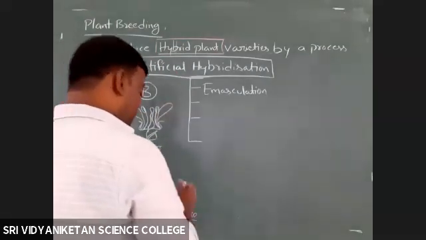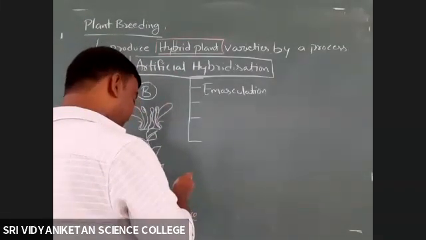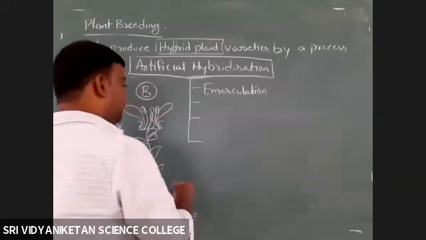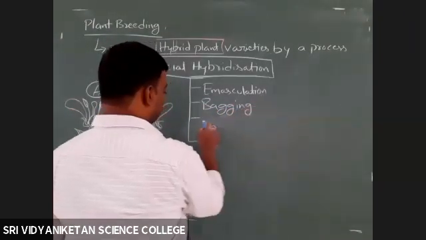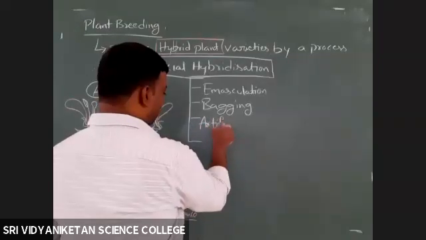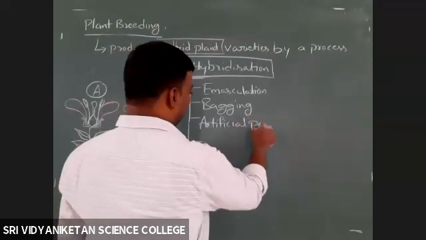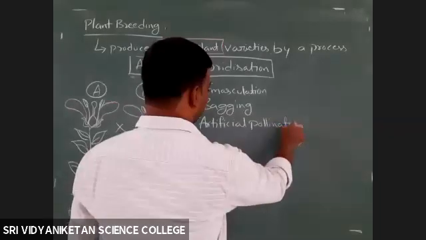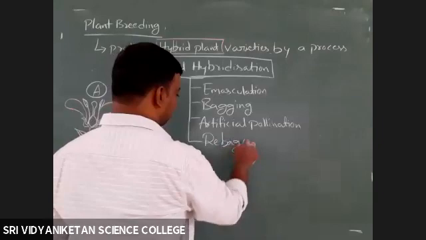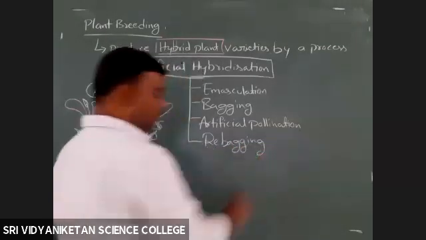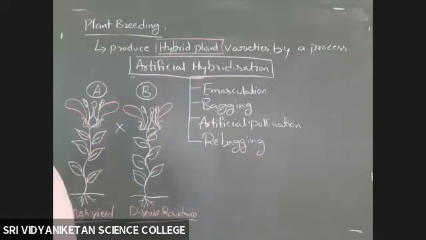Okay, emasculation is the first step, the second step is bagging, the third step is artificial pollination, and the fourth step is rebagging. So now let us observe how these 4 steps take place.